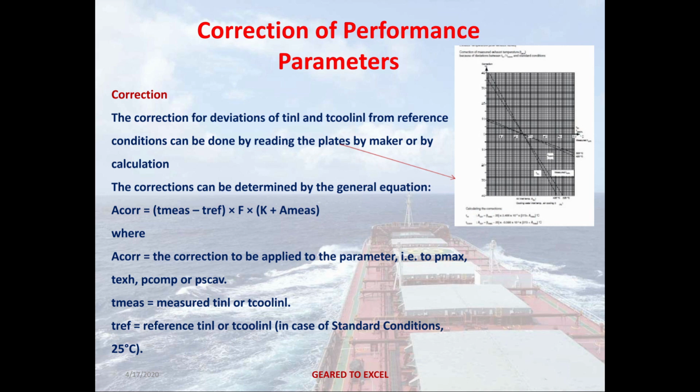The corrections can be determined by the general equation, that is, A corrected is equal to temperature measured minus reference temperature into F into K plus A measured, where A corrected is the correction to be applied to the parameter, that is, to maximum pressure, exhaust temperature after the valve, compression pressure, or scavenge air pressure.